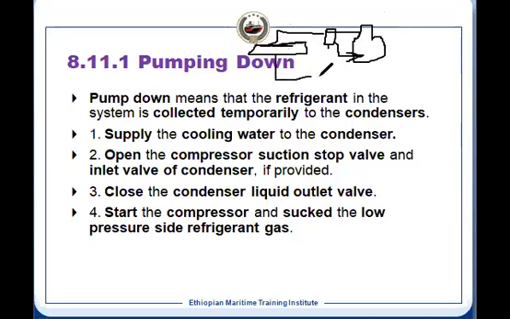Then it goes to the dryer, the flow sight glass, then the solenoid valve, then the thermostatic expansion valve, then the evaporator coil, and then goes to the compressor.